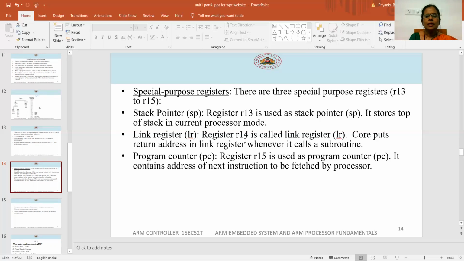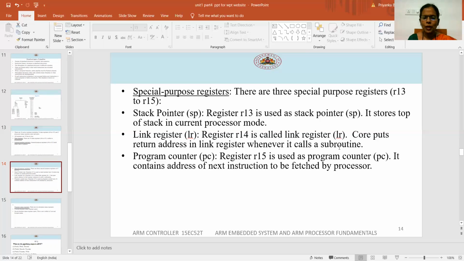Link register, it is the R14 register. It is called a link register. So the core puts the return address in the link register whenever it calls a subroutine. Whenever the main program calls the subroutine, after completion of the execution of the current instruction, the control has to transfer to the subroutine.